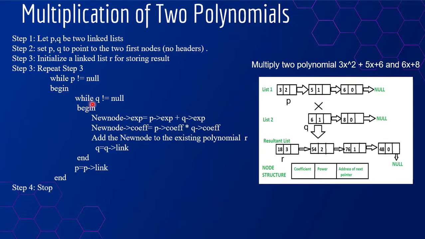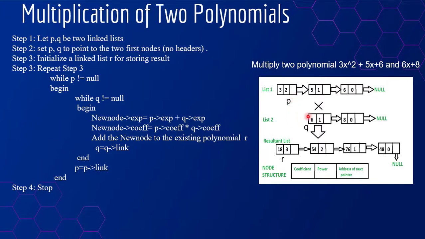In this we have another loop, which is for Q. Is Q null? No, Q is not null. So now we go inside this. Every time, what are we going to do? This is the new node. New node exponent is equal to P2 exponent plus Q2 exponent.